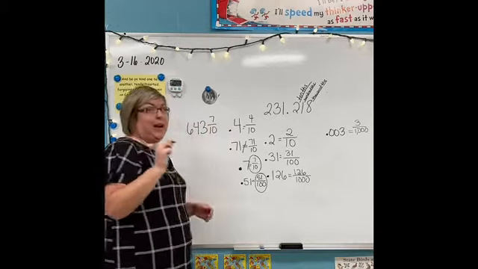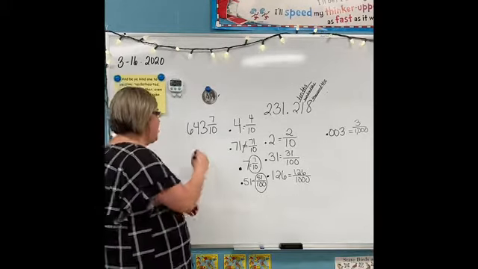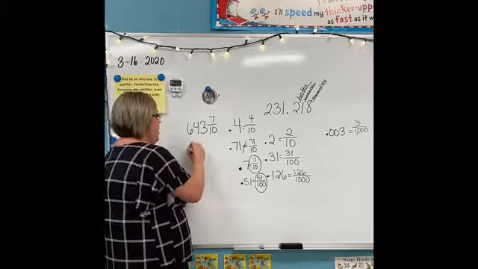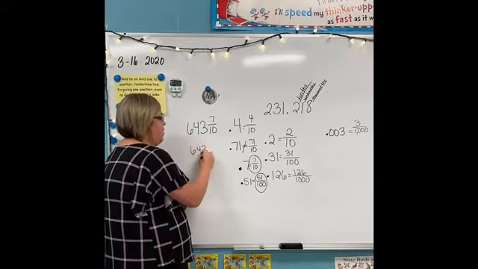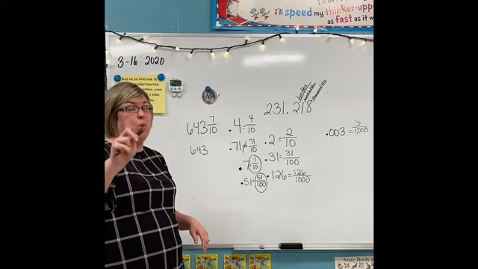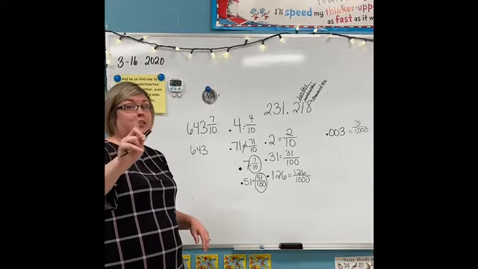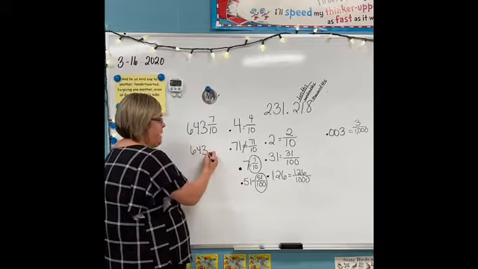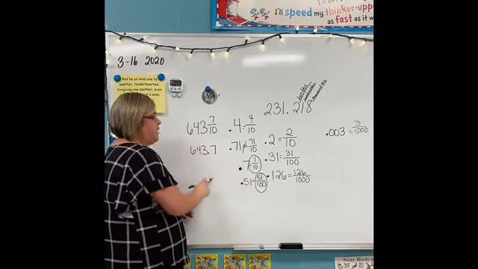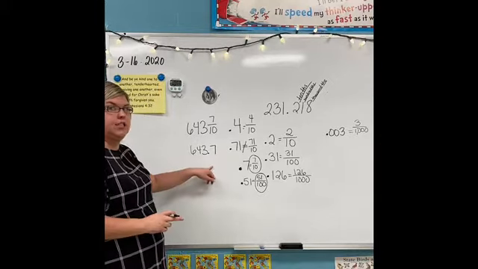But it wants you to write it in decimal form. So I'm going to write my whole number, which we know is 643. I write it like normal. And then how do I write 7/10 again? Remember, I only have to have 1 place after the decimal. So I'll go decimal 7. That equals 7/10. So that's what 643 7/10 should look like.